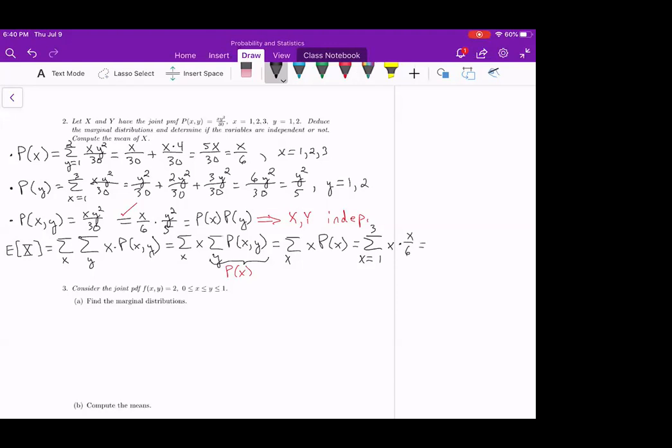So you're summing x squared over 6 for each x value. That's 1 squared over 6, which is 1/6, plus 2 squared over 6, which is 4/6, plus 3 squared over 6, which is 9/6. With the common denominator, this is 14 over 6, which gives you a mean of about 2 1/3, or 2.33.